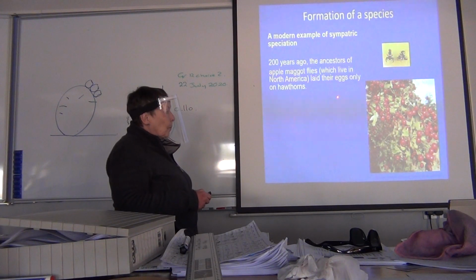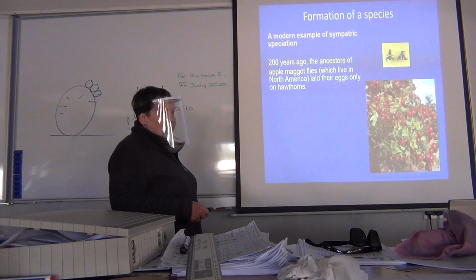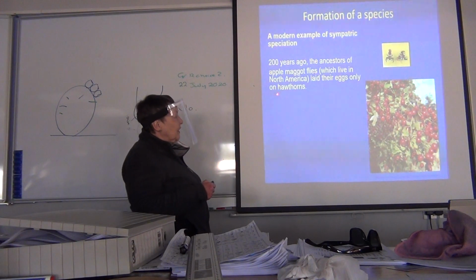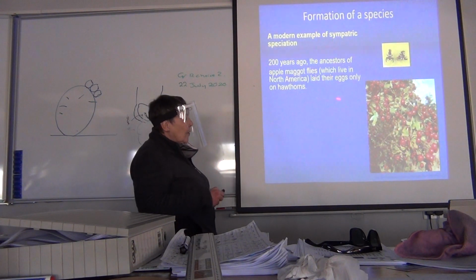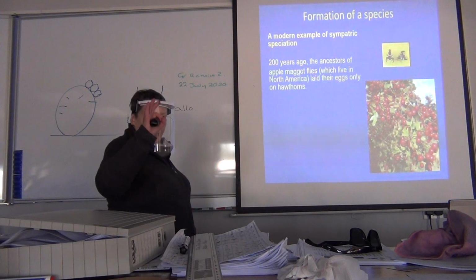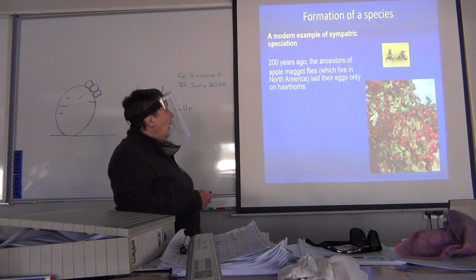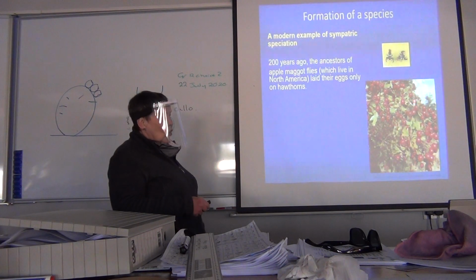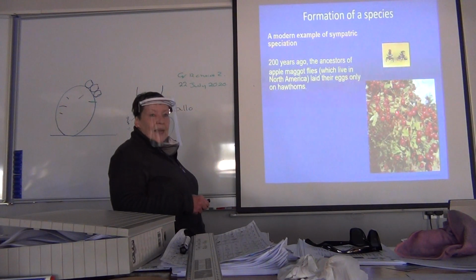So there are trees that are indigenous in North America called hawthorn trees, and they produce little berry-like red fruit. And there are tiny little flies that live on those trees, and they lay their eggs in the fruit.